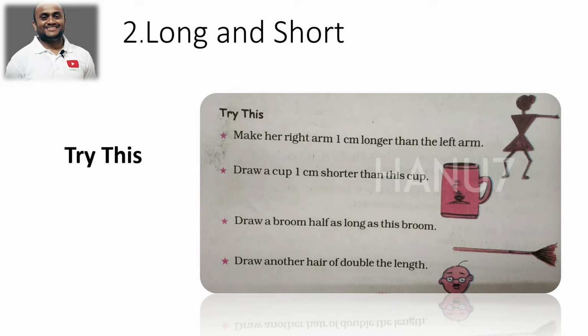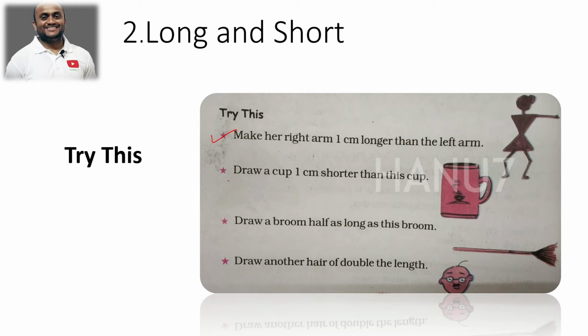That means the right hand is already 1 centimeter longer. Or otherwise you can visualize that she is looking towards you and she doesn't have a right hand now, and you have to draw a right hand in such a way that it is larger than the left arm by 1 centimeter. Okay, so this is the task.